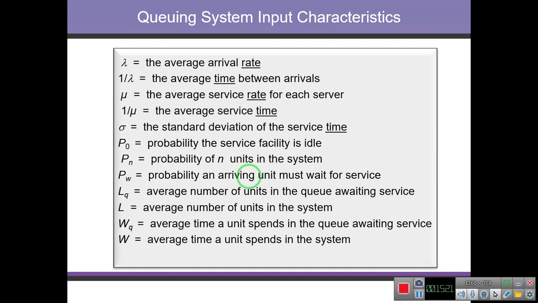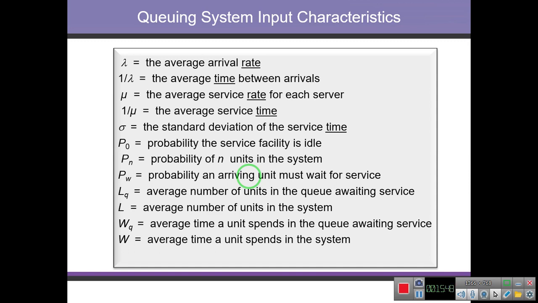I'm going to provide you with an Excel file and the tools so you can do the problems and compute these systems very quickly and easily. I don't want you to be writing the formulas because some of them are extremely complicated and so easy to get incorrect in Excel.